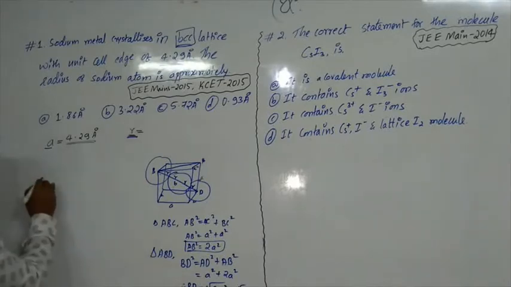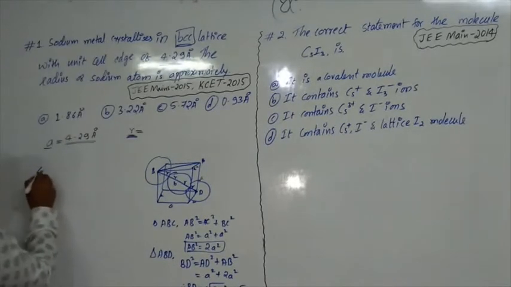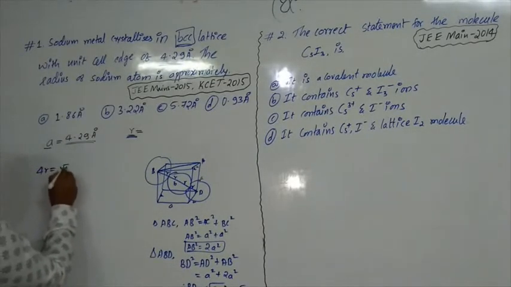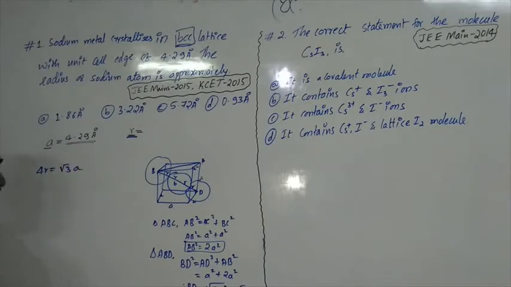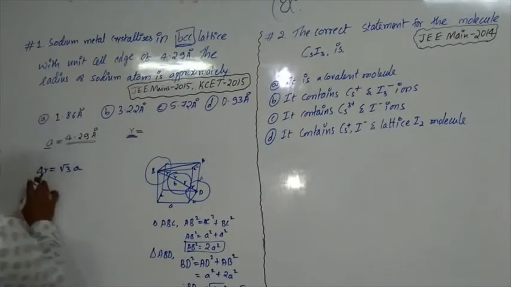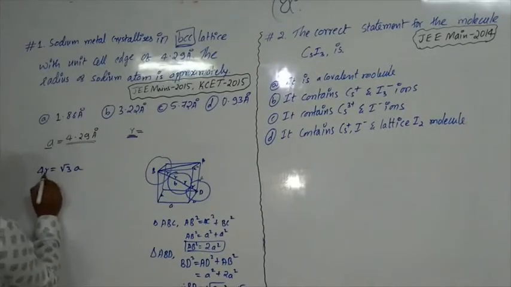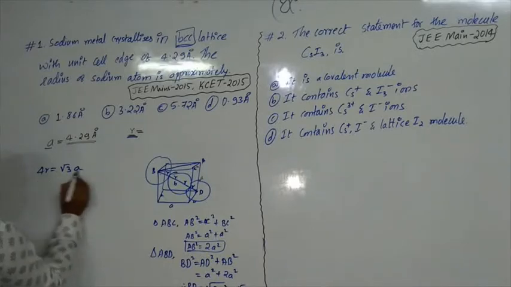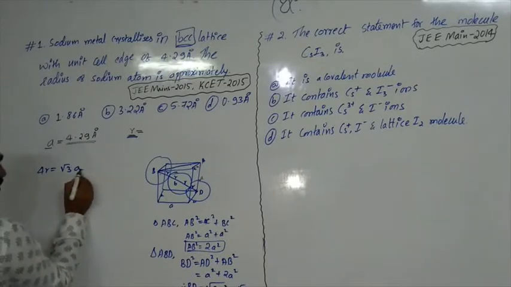So 4R is equal to root 3 A. We can equate BD is equal to root 3 A and BD is equal to 4R. From this we establish the relationship between the radius of a particle and the edge length of the unit cell.